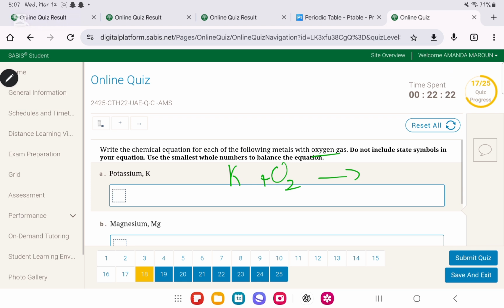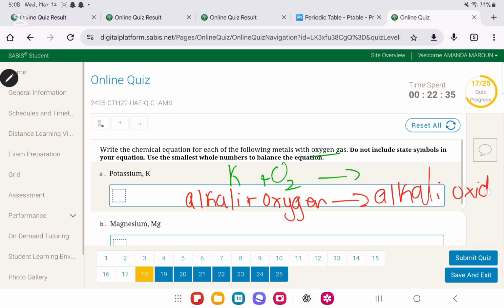For sure, it's gonna be an alkali oxide, because we know alkali metal plus oxygen will form alkali oxide. However, how do we know what it is going to form? We have to take their ions. The ion of K is K+, and oxygen is O2-. Then we do the crisscross method, and we are going to get K2O.